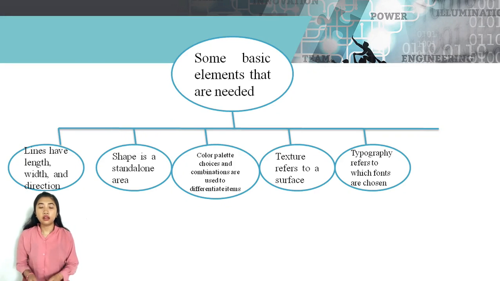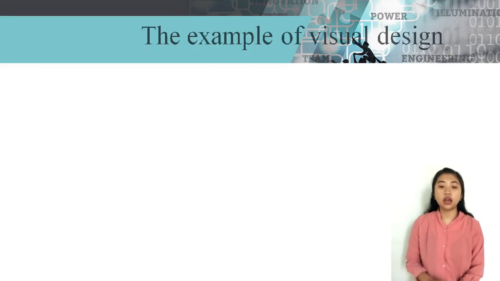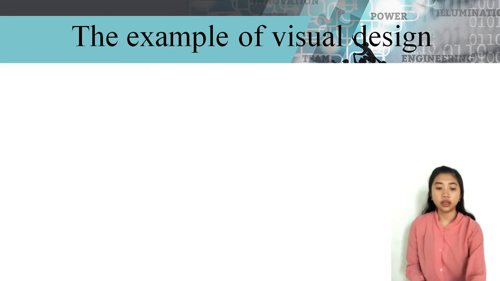And the last is form, which applies to three-dimensional objects. It describes volume and mass, and it's made by combining two or more shapes and improved with tones, color, and texture. So next, the example of visual design.